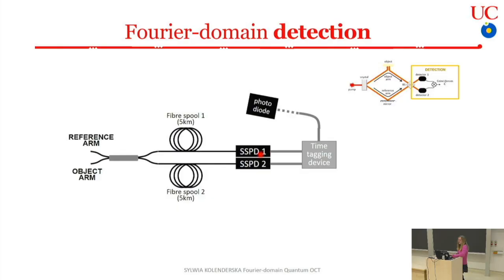Because these fibers are really long, 5 kilometers each, there is a lot of dispersion that delays certain wavelengths differently. That's why the spectrum is detected in time.